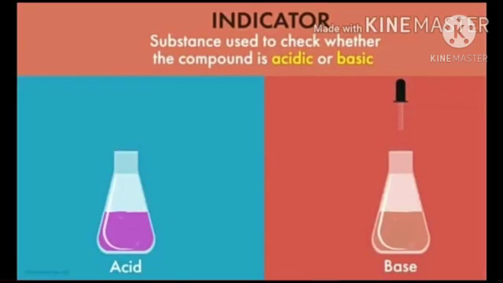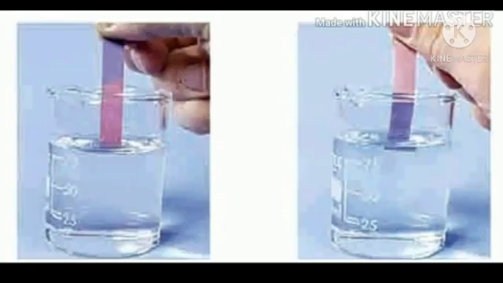Next we will see indicator. Indicator means a substance used to check whether the compound is acidic or basic. Substances which change their color in the presence of acid or base are called indicators. In the laboratory, litmus paper is mainly used to test alkali or base.